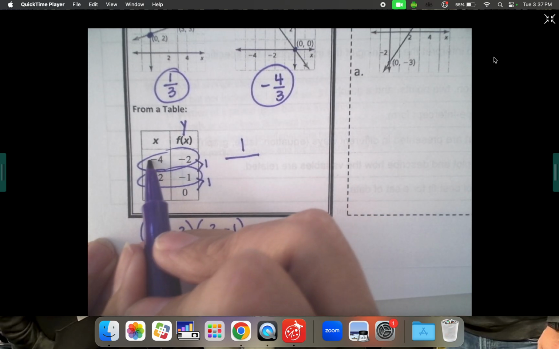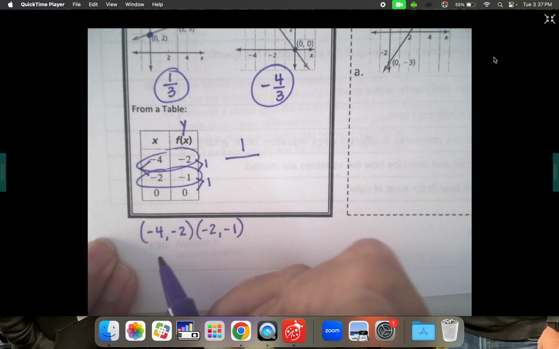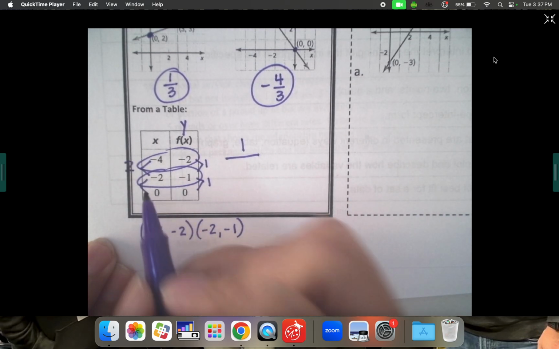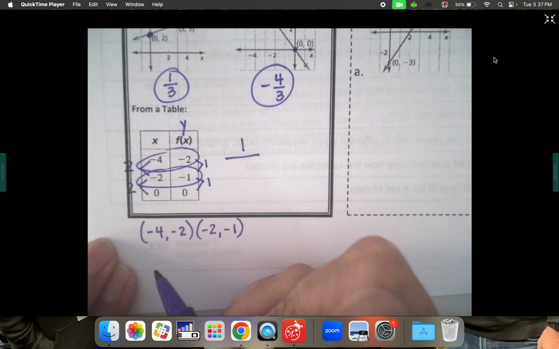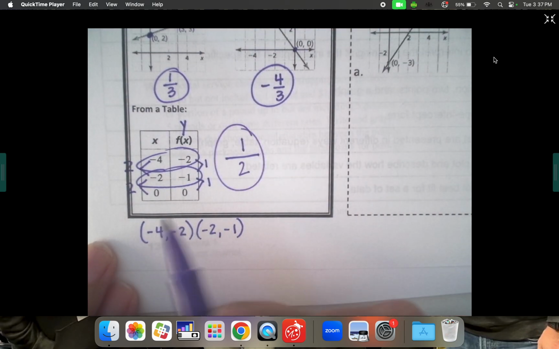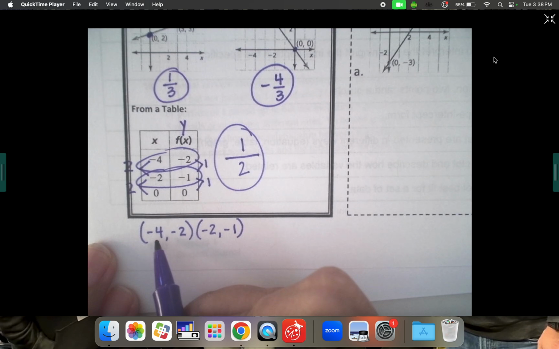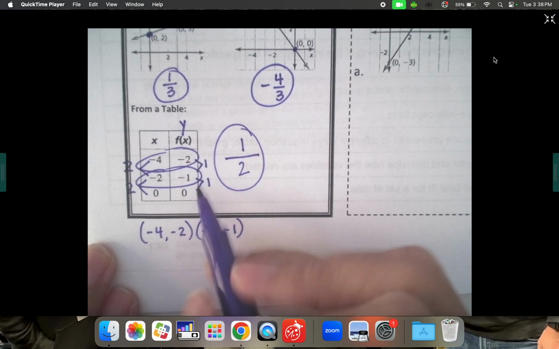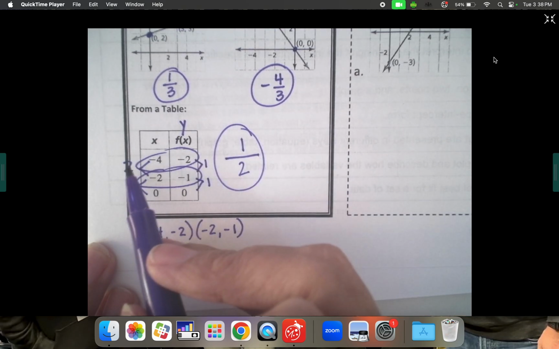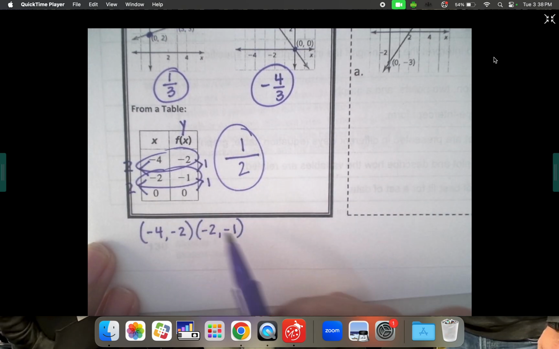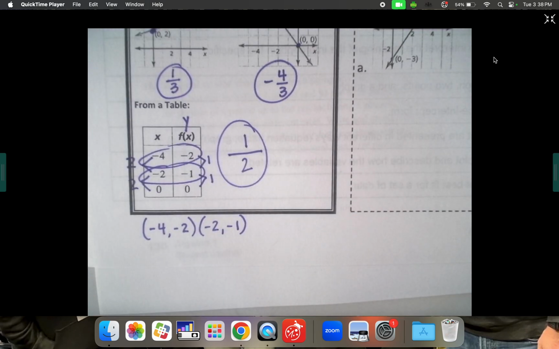Then we're going to find what the x's are doing. From -4 to -2, it's increasing by 2. From -2 to 0, it's increasing by 2. So 1 over 2. So this slope is half. And again, -2 minus -4 would have been 2. So you can either do it just by looking at what the y's are doing and put that on top over what the x's are doing goes on bottom, or you can pick 2 points and do the whole process.